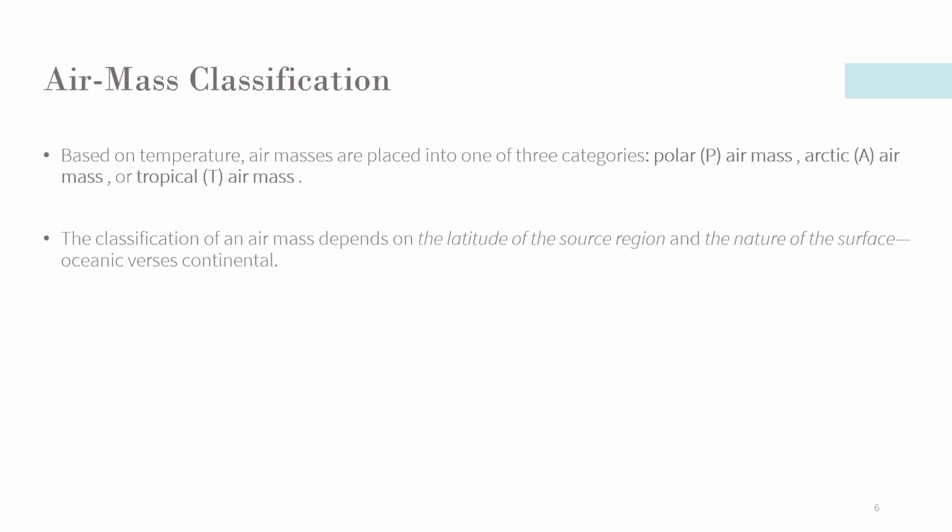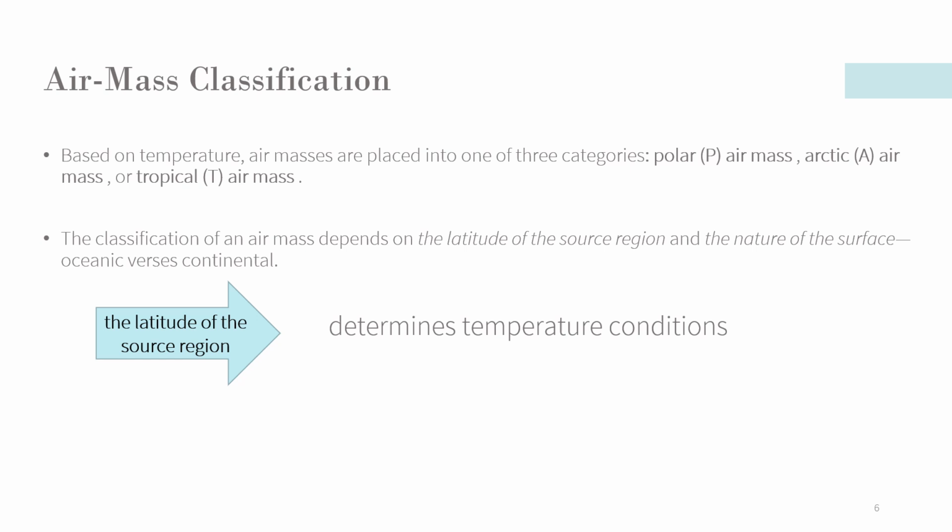So the classification of these air masses depends also on the latitude of the source region and the nature of the surface. Either it should be oceanic or continental. First, it depends on the latitude of the source region, because this determines the temperature conditions.